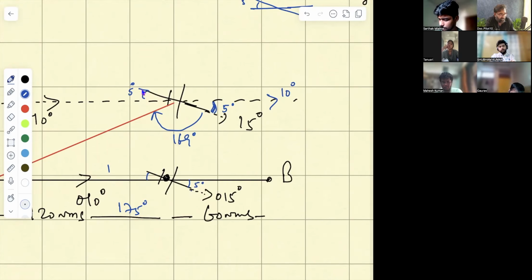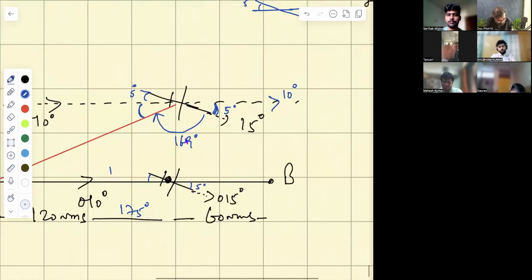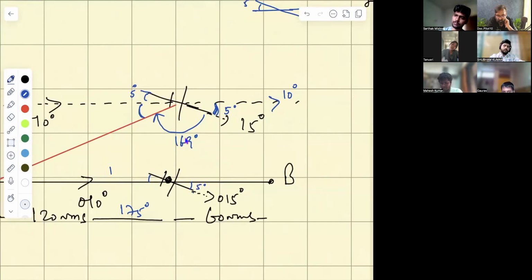Nose to tail is 180. This is 5. This is 169. If you subtract 180 minus 5, and from whatever comes, subtract 169, how much would this angle be? 6 degrees. Very good.